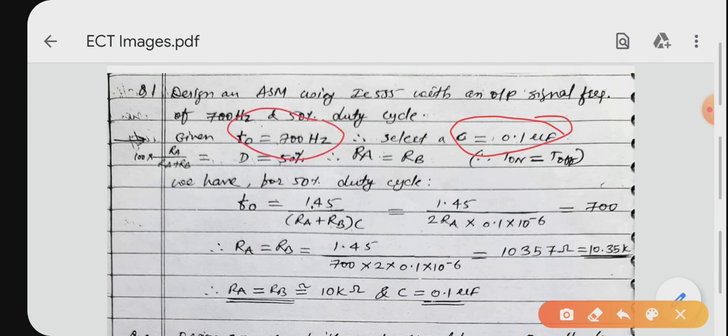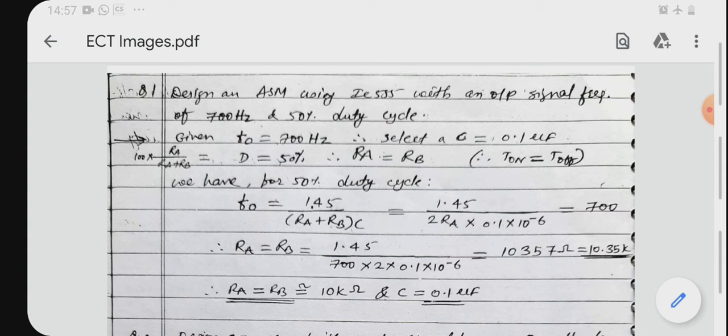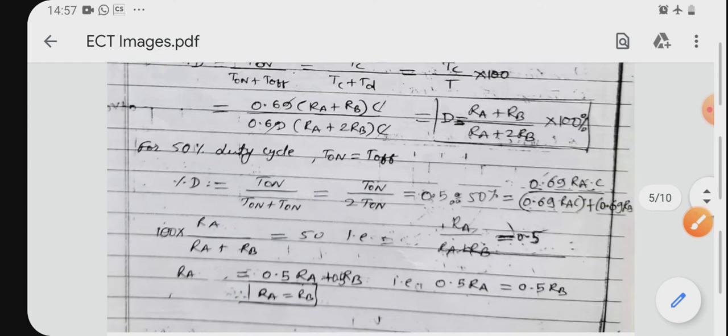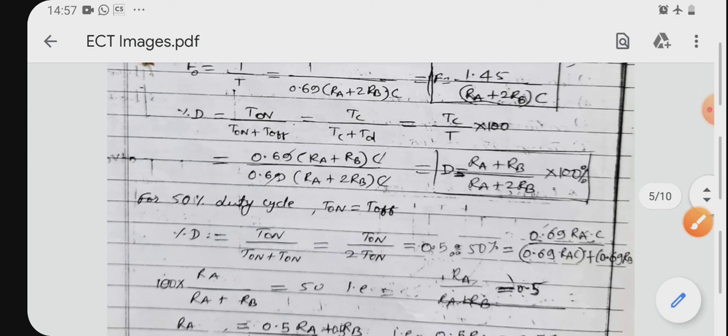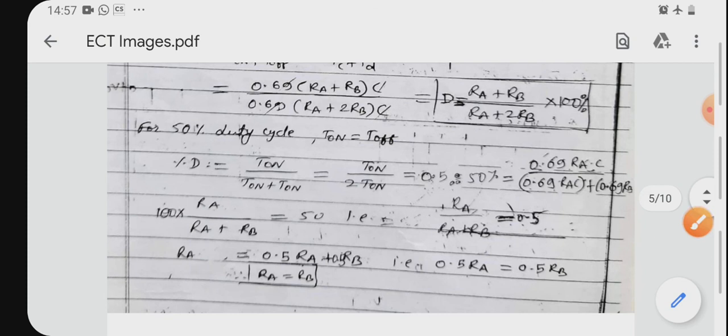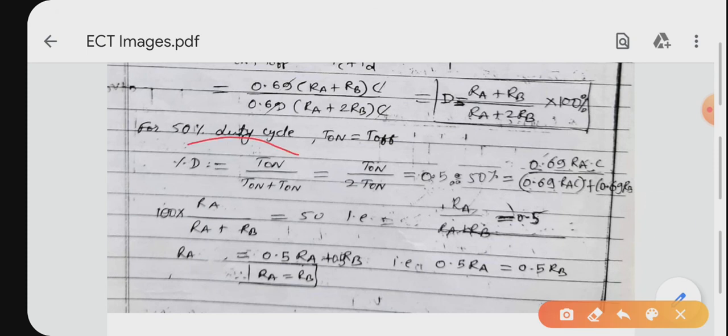Okay, now also what is given? The duty cycle is given as 50%. As I told you, for the 50% duty cycle, in the formula of duty cycle, T on is equal to T off. So by keeping T on equal to T off, it will be twice of T on, and finally you will get RA is equal to RB.